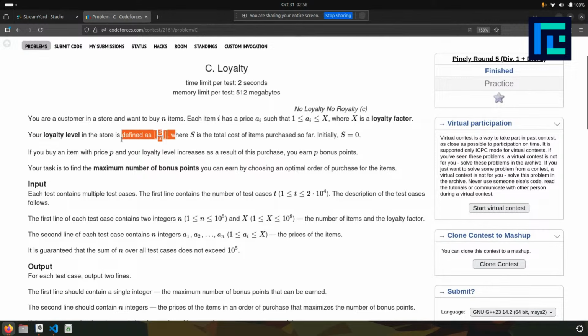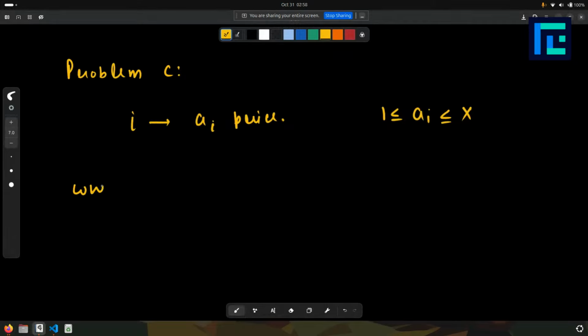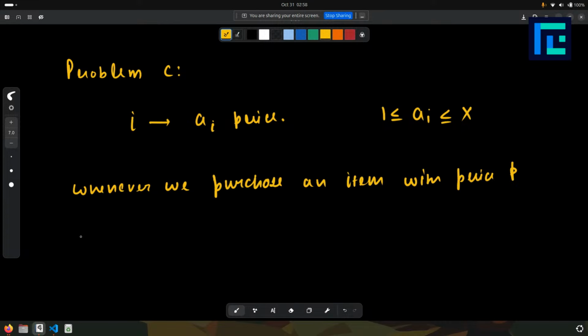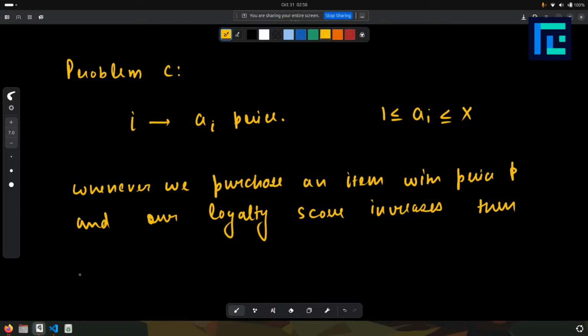Loyalty level is S by X. Whenever we purchase an item, let's say with price P, and our loyalty score increases, then we earn P points.